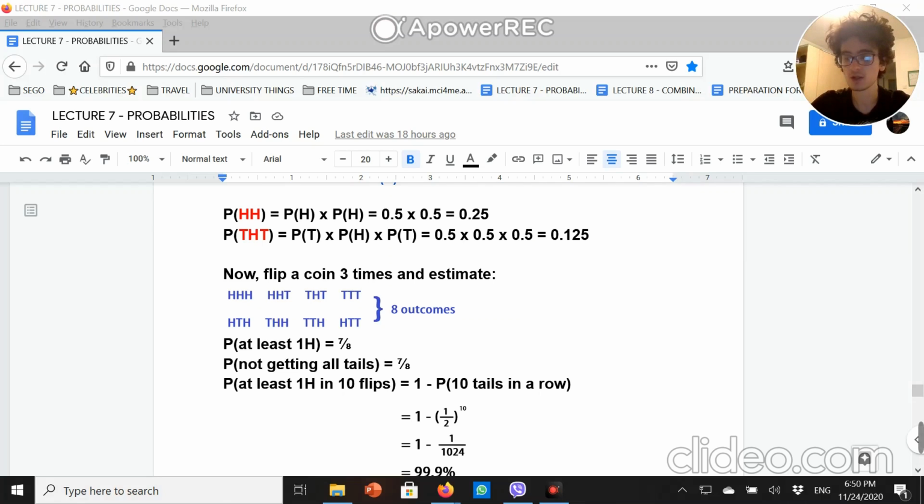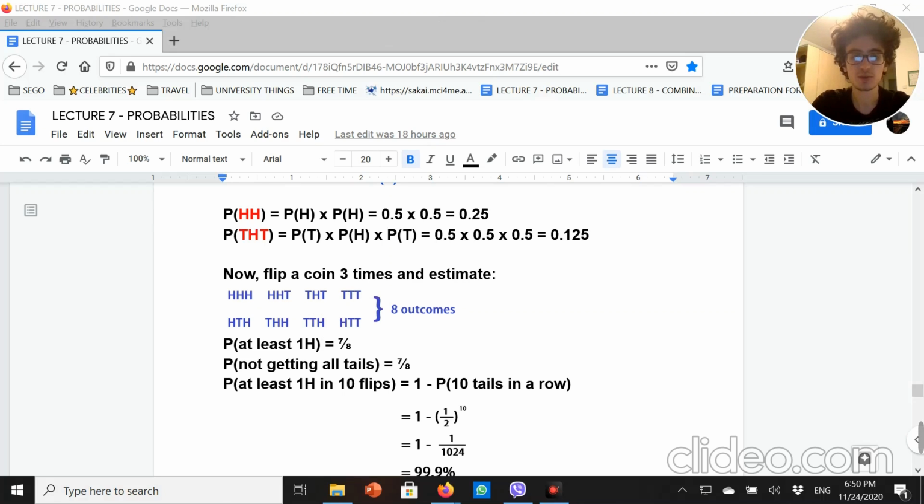For flipping a coin 3 times, there are 8 possible outcomes: 3 heads, head tail head, 2 heads and tail, tail head head, tail head tail, tail tail head, 3 tails, and head tail tail. So you have 8 outcomes.